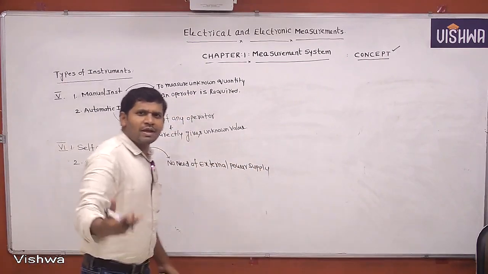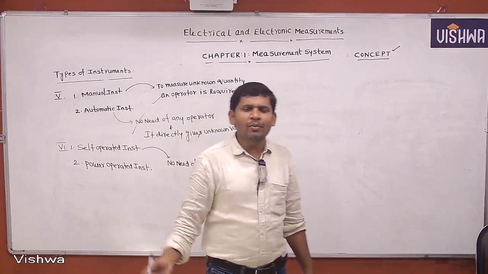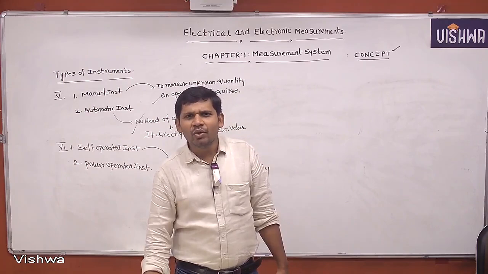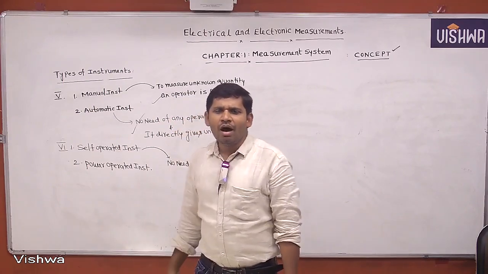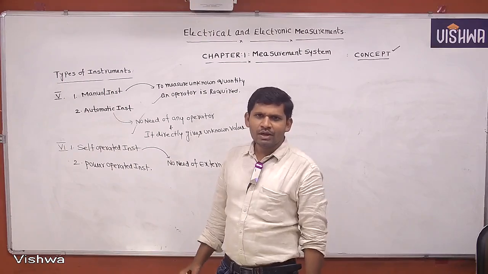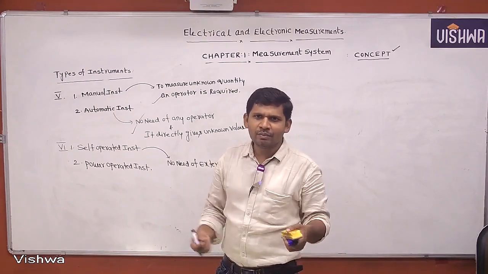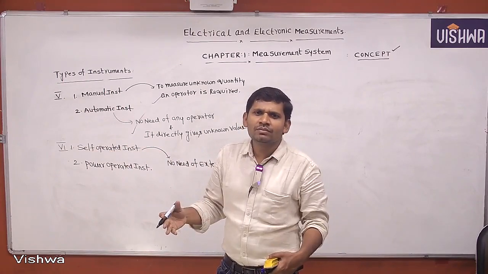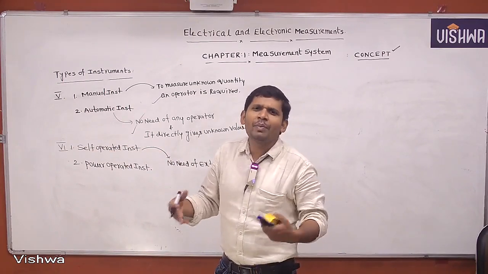Whatever the voltmeters, ammeters we used in the laboratory, PMMC voltmeter, PMMC ammeter, MI voltmeter, MI ammeter, all these instruments are self-operated instruments. We are giving the input only, but externally we are not giving any supply. That input itself is enough for operation of the instrument.